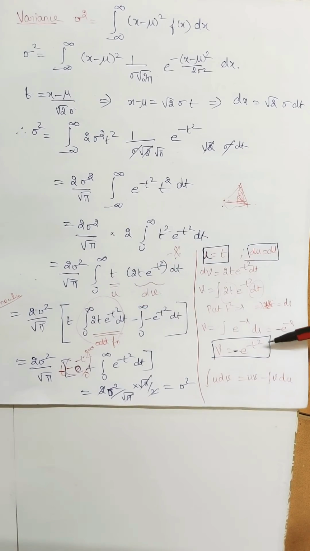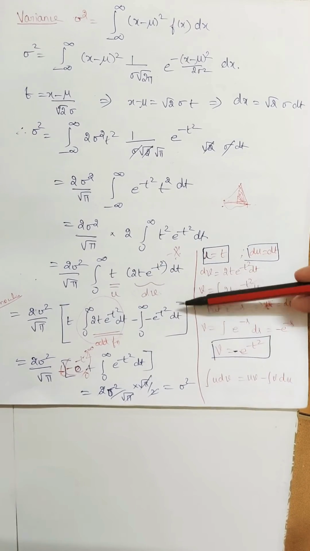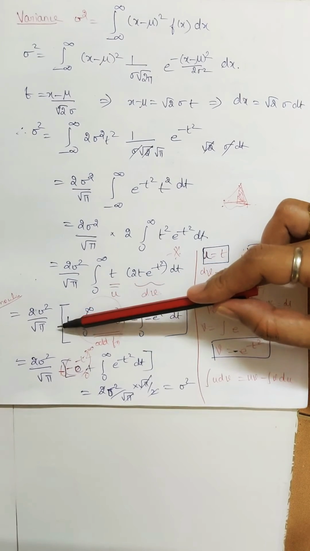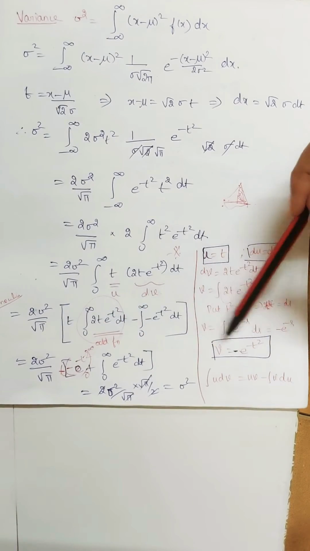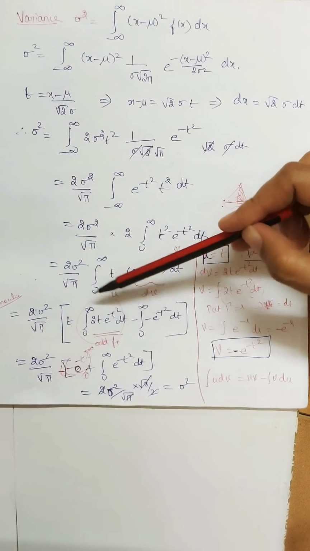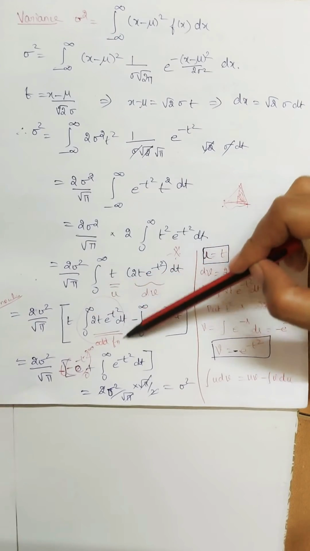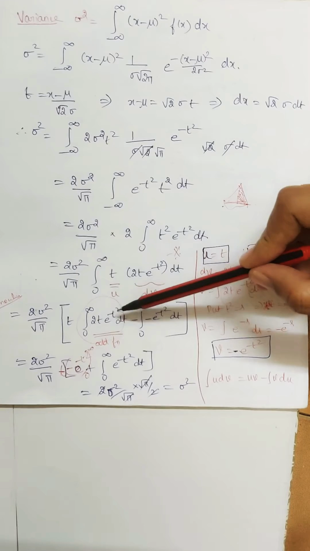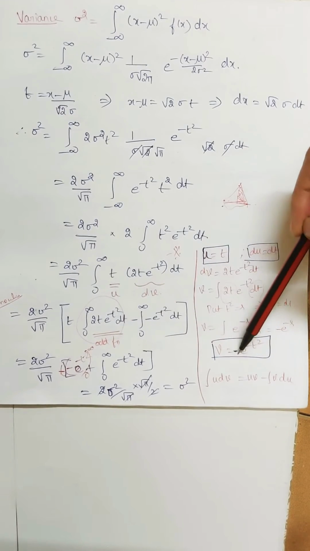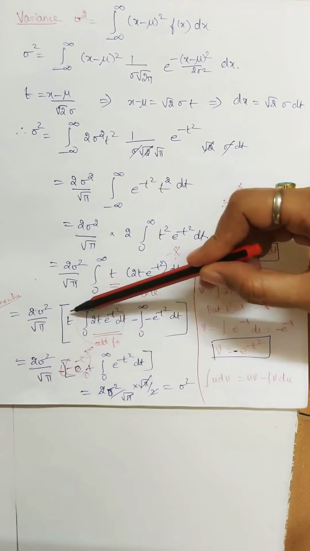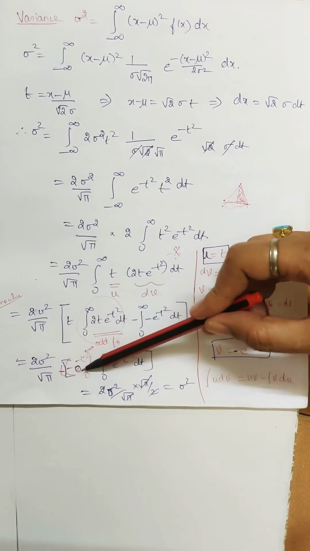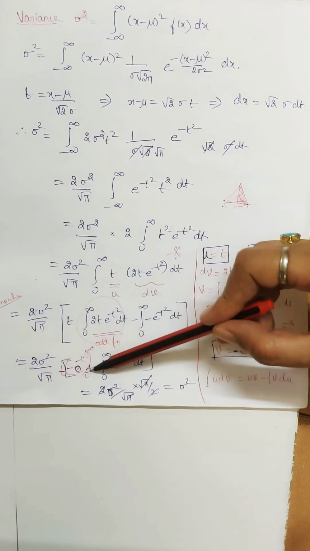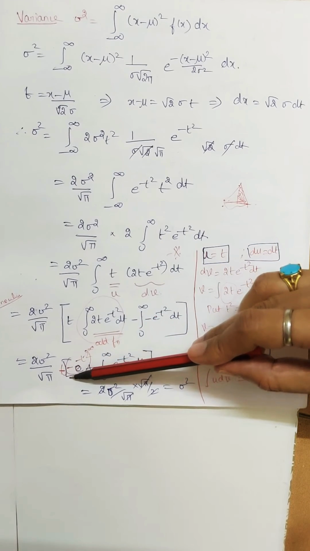Already we have calculated, minus e power minus t square. In Bernoulli's, I have already explained in the previous one: plus, minus, plus, alternate signs will be there. So this integral answer we already know, so we have written it directly. If I substitute it, already one t is there, so here minus e power minus t square. Upper limit e power minus infinity is 0. Lower limit, because of this t, it will become 0.